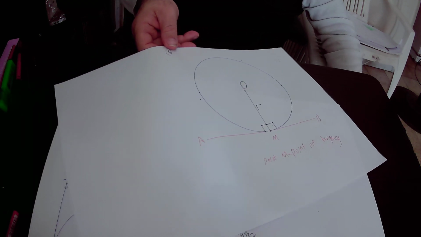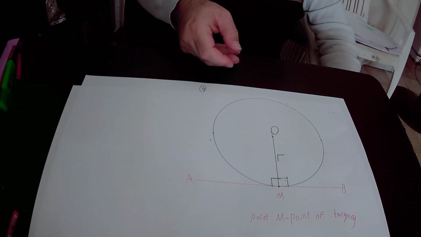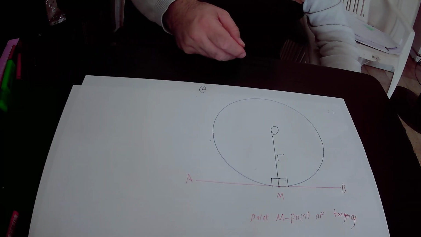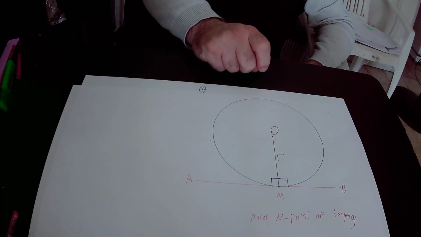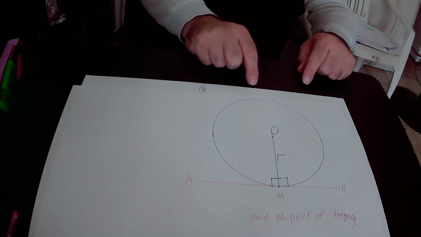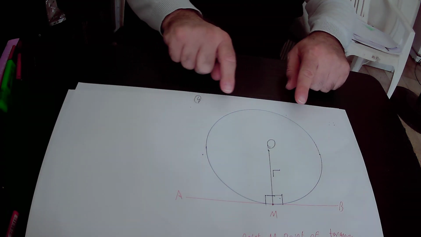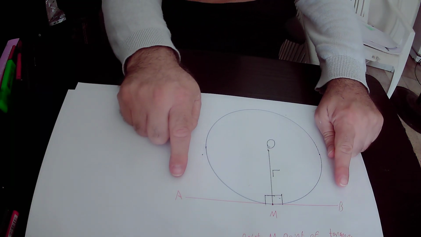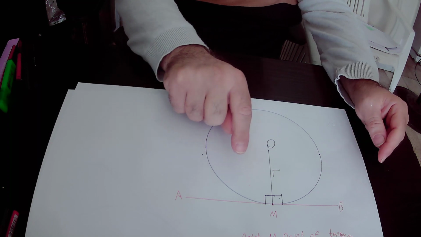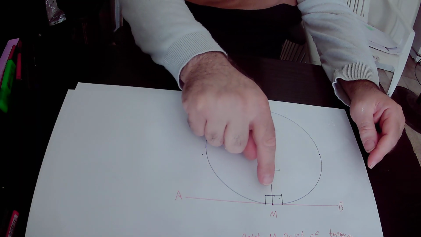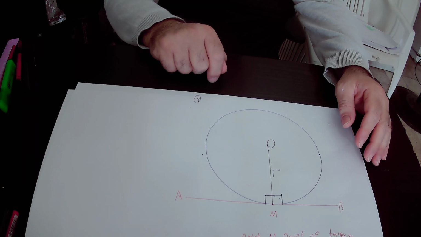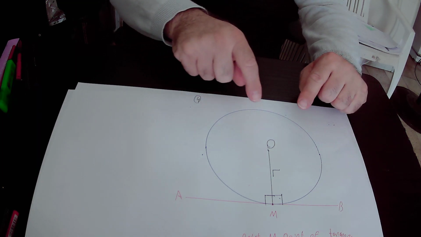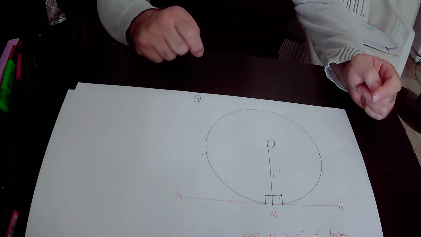circle, and the center of the blue circle is at point O, and we have tangent AB. Tangent AB is tangent to this blue circle at point M, or point M is the point of tangency of tangent AB with the blue circle.